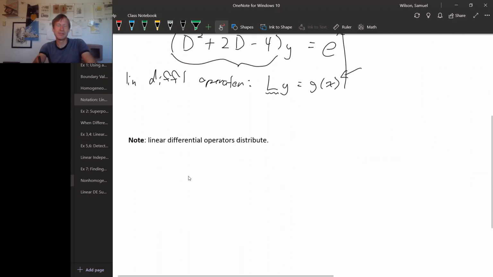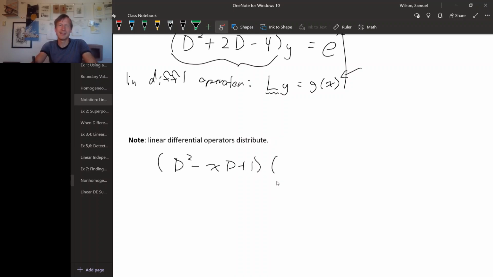If you have a linear differential operator that's built up out of D's and coefficient functions like this, say D squared plus 1, and you have two functions that are added together and you apply this differential operator to both of them, you would hope that it actually distributes, and actually it does.